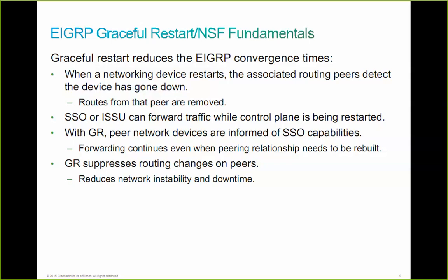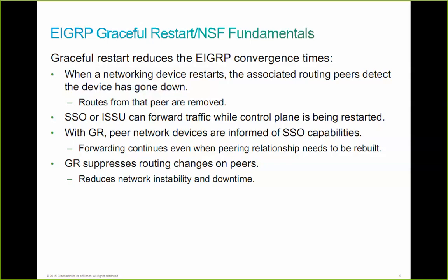So, have you guys heard of SSO or ISSU? Right. SSO, stateful switchover, or ISSU, which is the in-service software upgrade option that you have if you have multiple route processors, right?